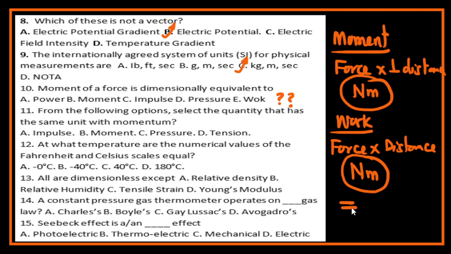The same thing for energy. Energy is just an ability to do work. So work and energy have the same unit. They are both measured in joules, but joules can also be written as Newton meter.